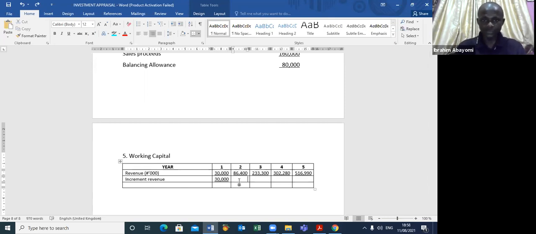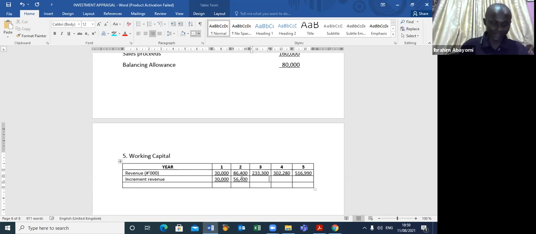From here to here, what is the increase? From 30,000, revenue increased to 86,400. That is an increase of 56,400. And from there, it increased to 233,300.